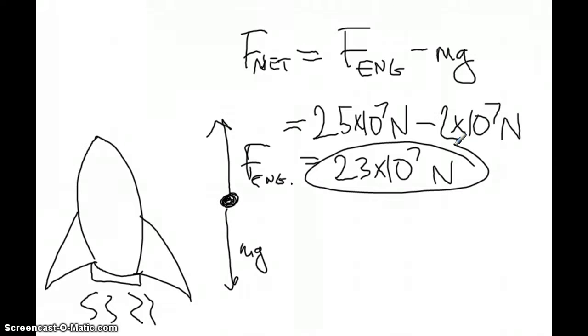Next question says, calculate the mass of the rocket. Now, the tricky part is, if you do this out of order, you have to be careful. You can do it one of two ways. What way do we want to do it?